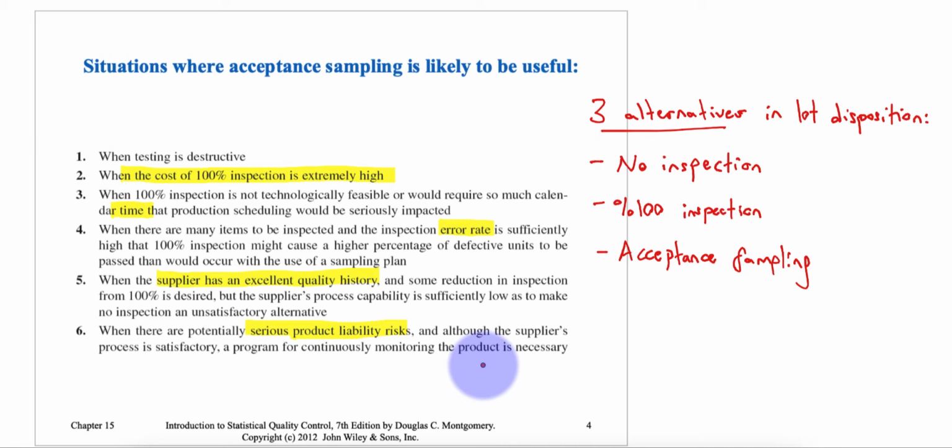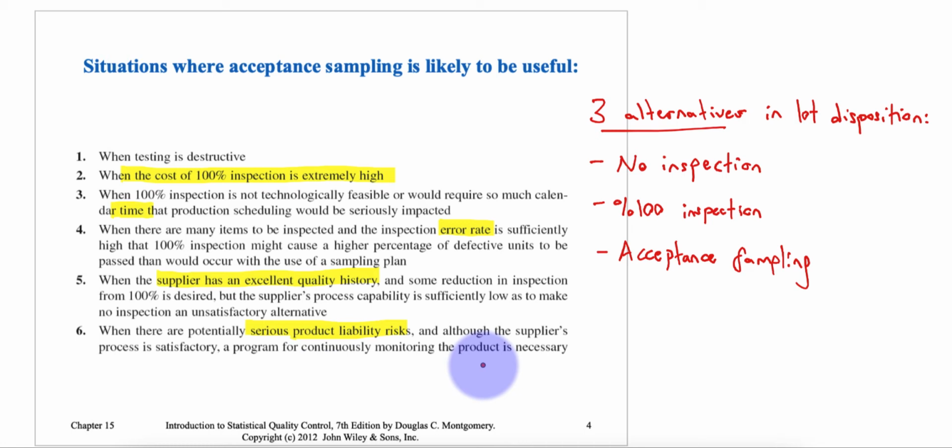It means that we are just gonna take all of the items in the lots, then we are gonna inspect them. But the third alternative, which we are talking about right now in this lecture, is acceptance sampling. In acceptance sampling, we are gonna just take some samples from the lot, then we are gonna inspect them. We are not gonna inspect all of the items in the lots, okay?